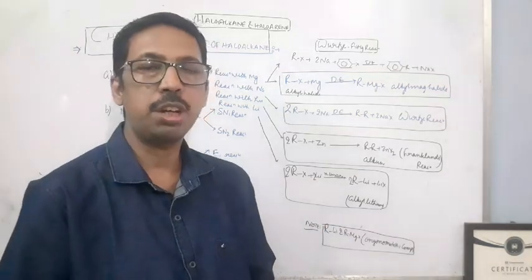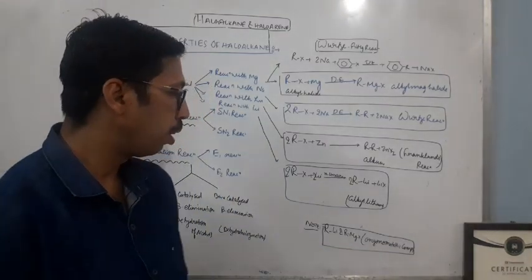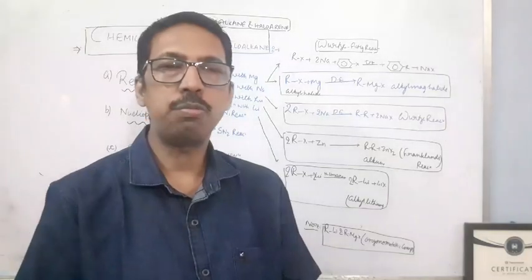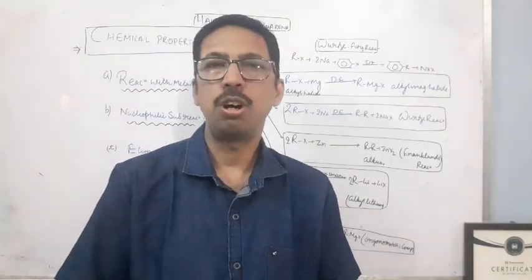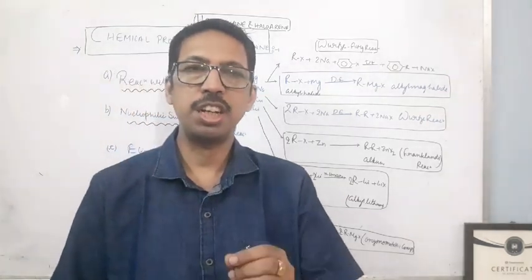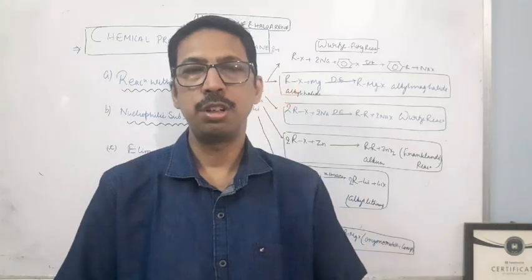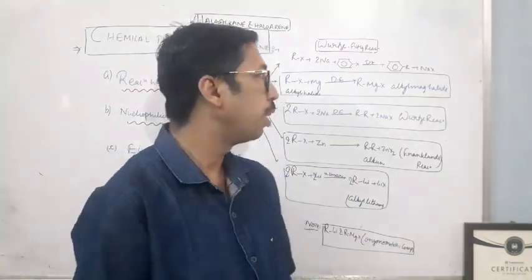It is also an example of organometallic compound. So, these are some very important reactions of haloalkane in which haloalkane reacts with metals and produces very important organic compounds.